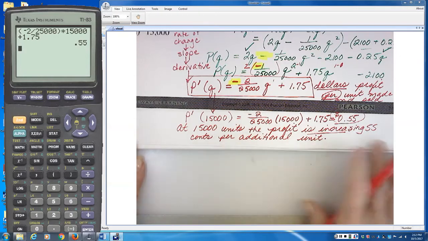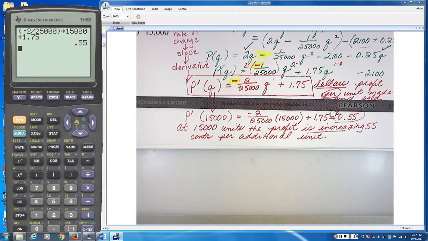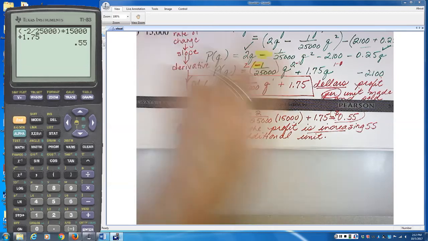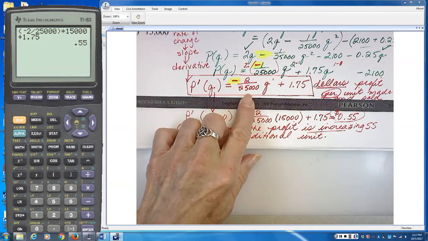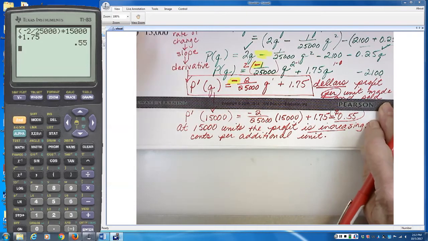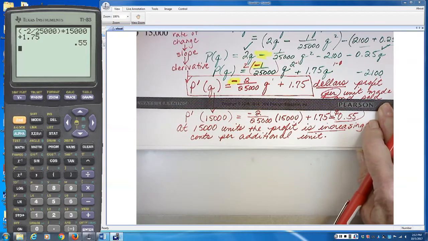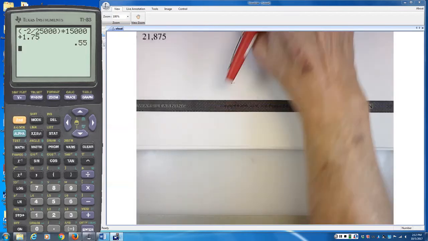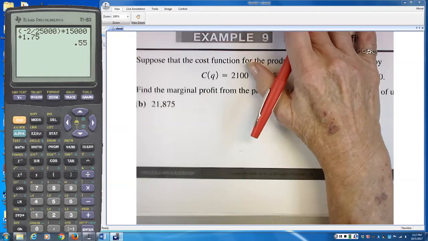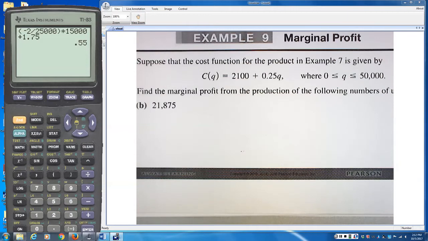Okay, so this is marginal profit. Now the second question asks us to use this same thing, except it asks what about if the units was 21,875? And you would be right.